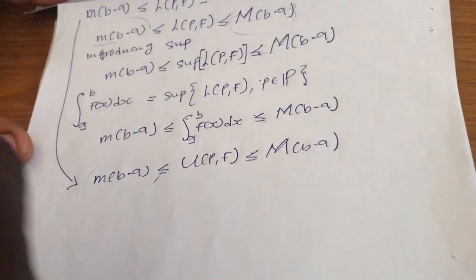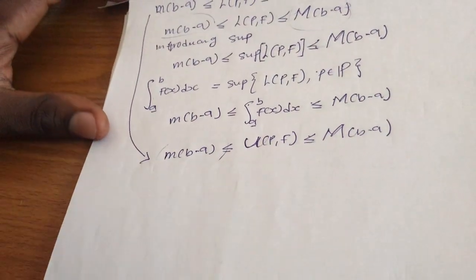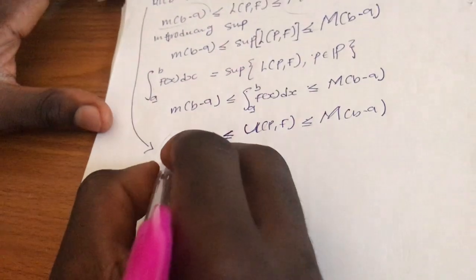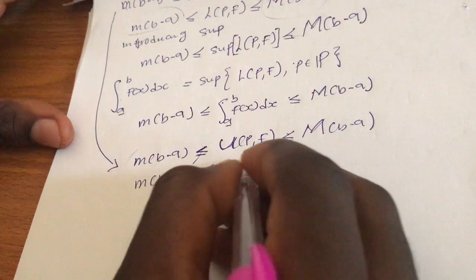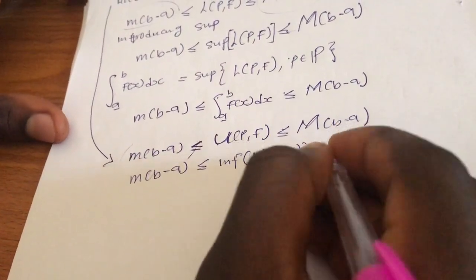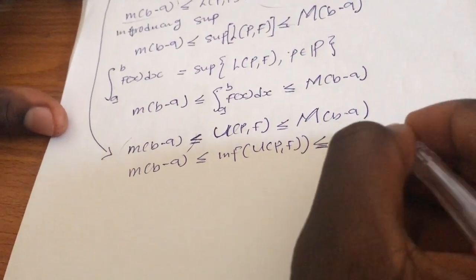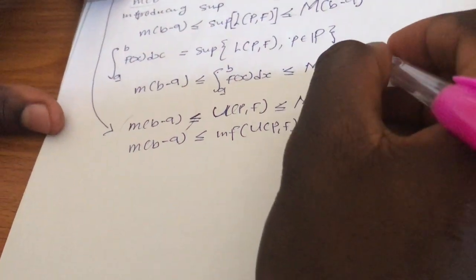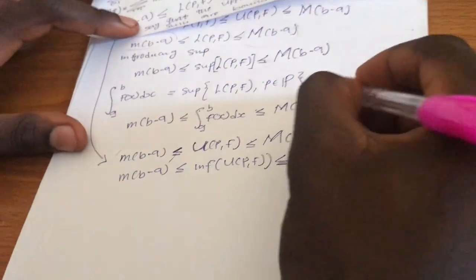So let's put this now. Infimum, we are still going to have what we have here. The infimum of U(P, f) is a definition we know. You can see, this one is bounded.